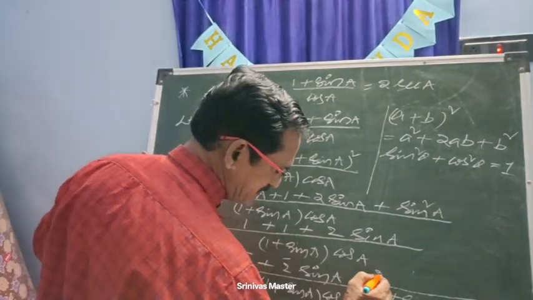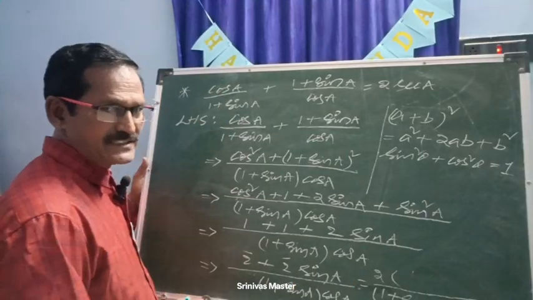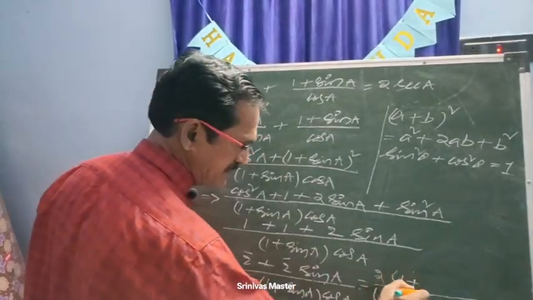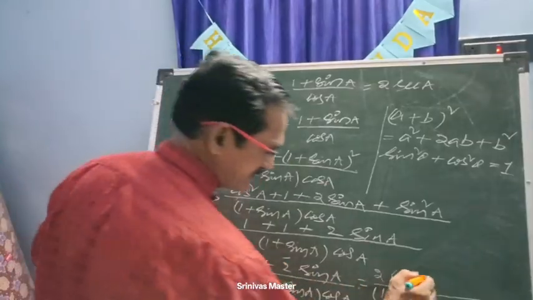So if you take 2 as a common factor, what will happen? 2 into 1. Then what will remain? 1 plus, with 2 already common factor, the remaining is sin A.